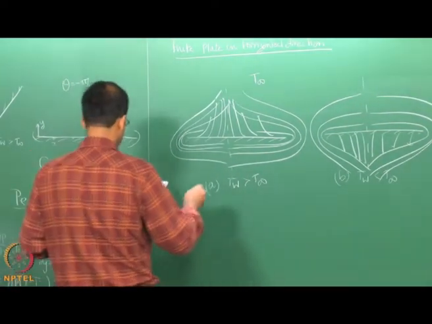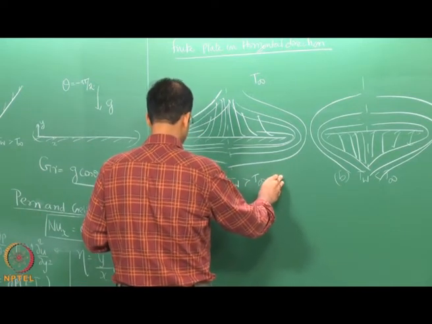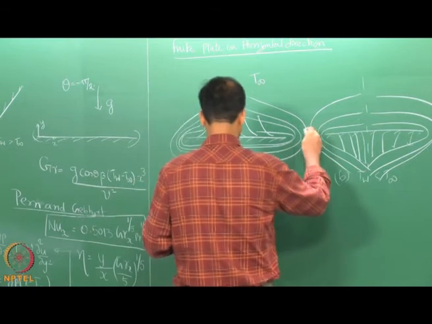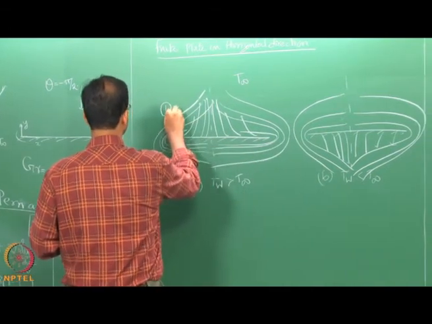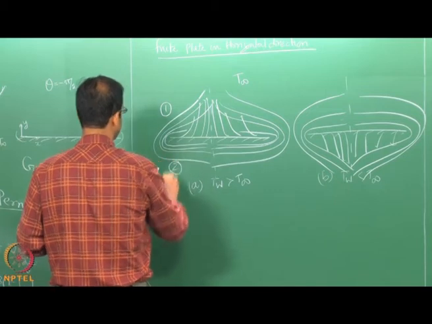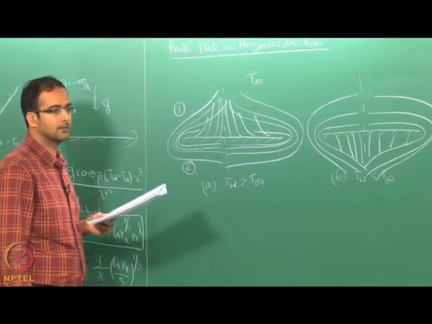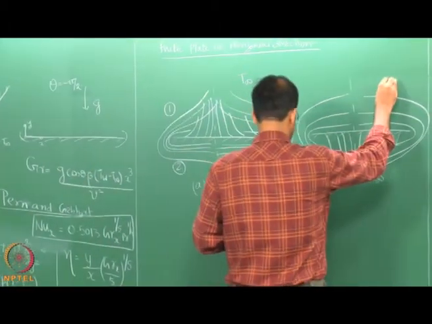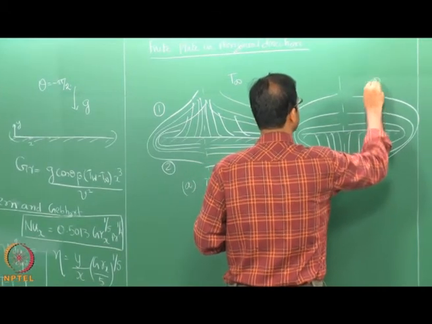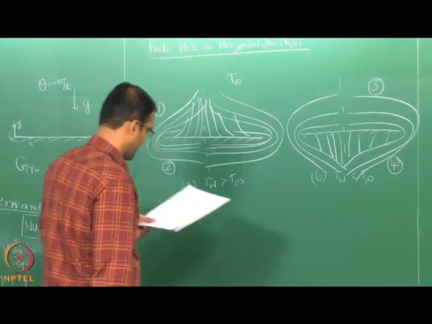Okay. So, let us identify this region. I will call this region 1, region 2 here. So, region 1 is the upper surface of the heated plate, region 2 is the lower surface of the heated plate, and 3 is the upper surface of the cold plate, 4 is the bottom surface.